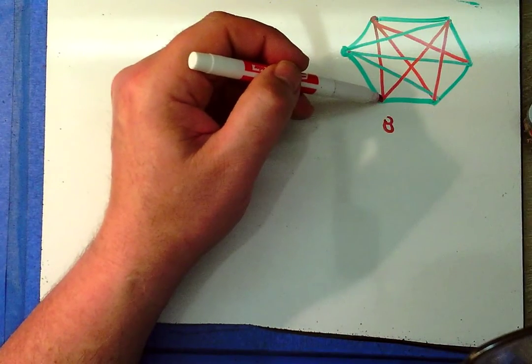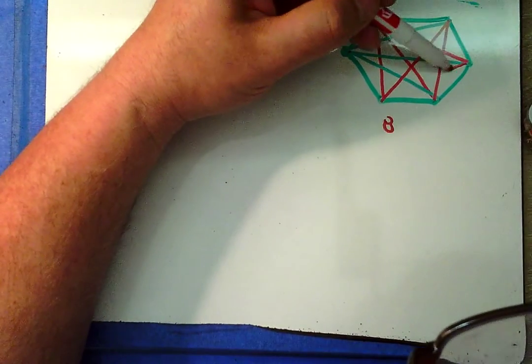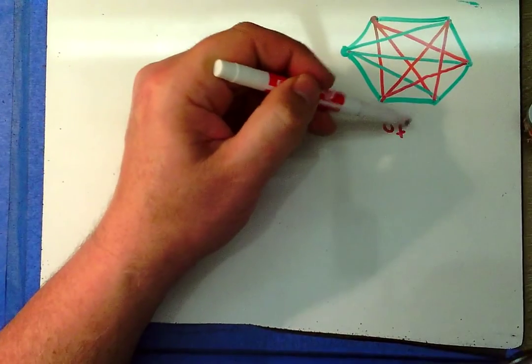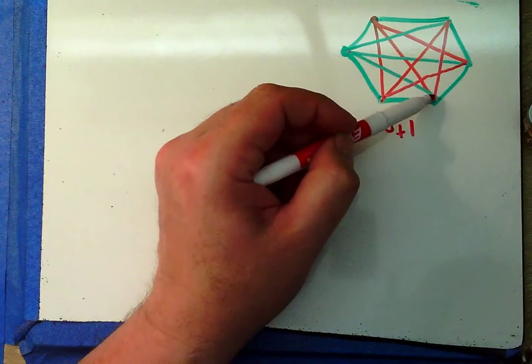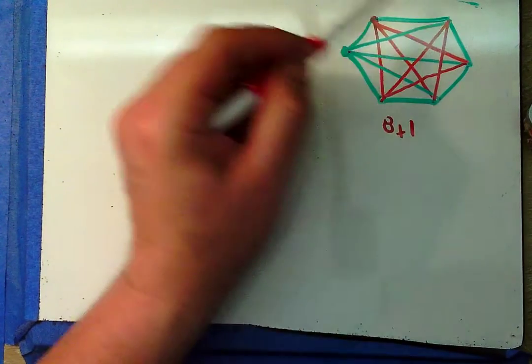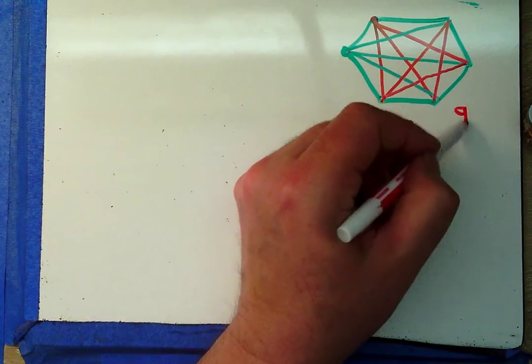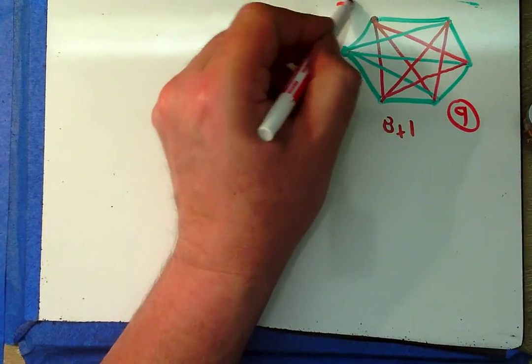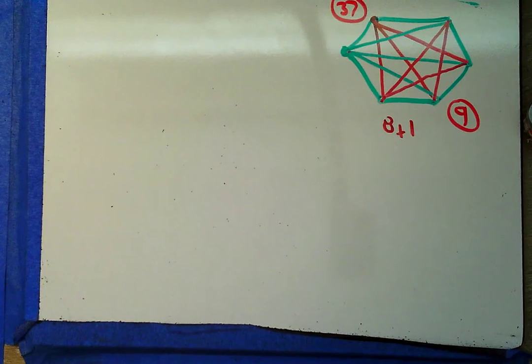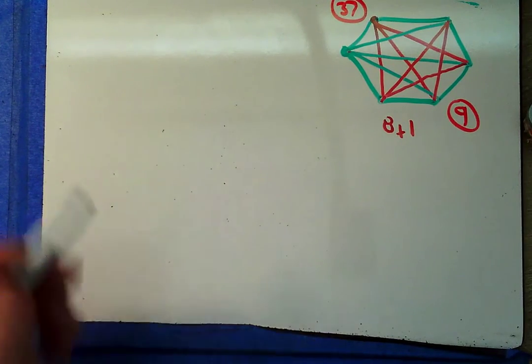Oh, I'm missing one here. I need this one. That's going to be 9. There's 3 there. There's 3 there. There's 3 there. There's 3 there. I've got 3 at all of them, and that required 9. So number 37 is going to be choice B, or 9.